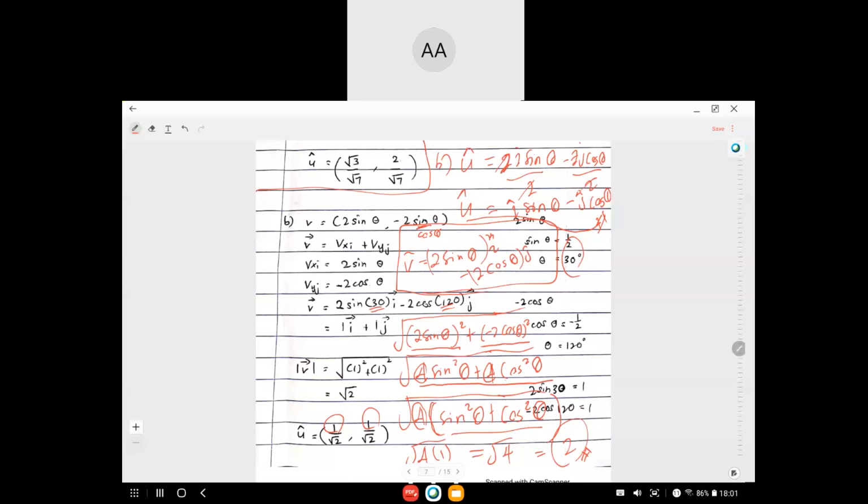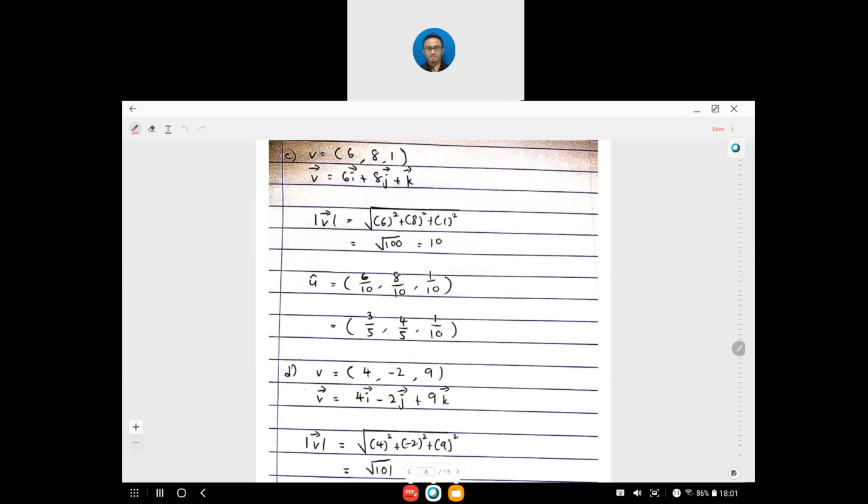Okay, now look at the next question. C. Your vector equal to 6, 8, 1. So this one also same thing. Write in the vector basis. So that one, you can get the magnitude 6 square plus 8 square plus 1 square. So you can get 101. Ni tertinggal ni. 36 plus 64. Yang ni bukan 100. Square root of 101.